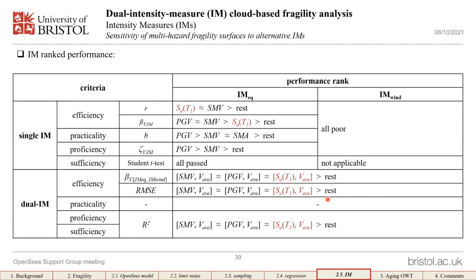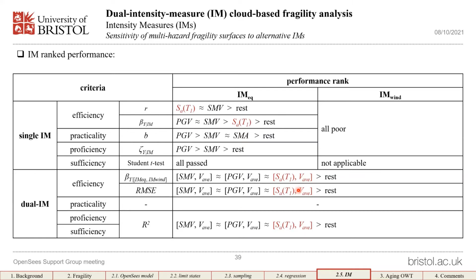Secondly, the commonly used intensity measure pair of spectral acceleration together with average wind speed was almost equally good in terms of intensity measure performance, but we also noticed that it has excellent interpretability with reference to many of the design codes and many of the previous papers, really.